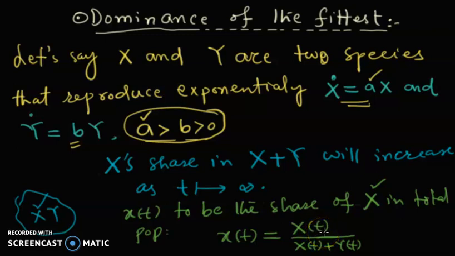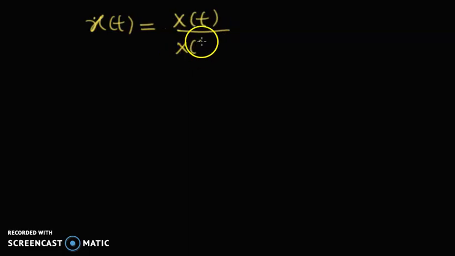Next, we are going to see what happens to this as time goes to infinity. That's the fraction of X species in the total population.